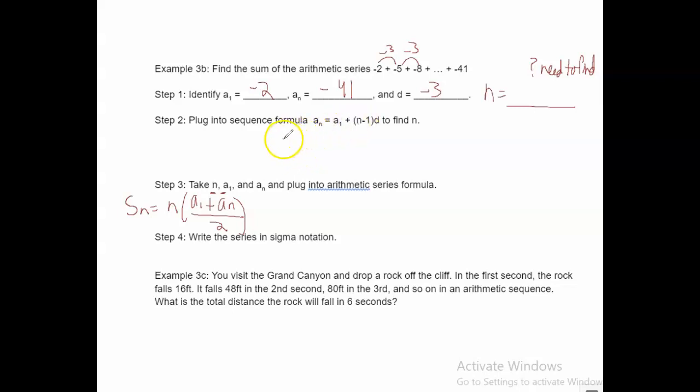But what I can do is, I know An is -41. I know An is -2 plus n minus 1 times my -3. I can then find my n. And as I work through to solve this, this goes up to here.